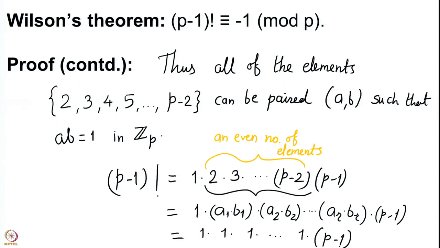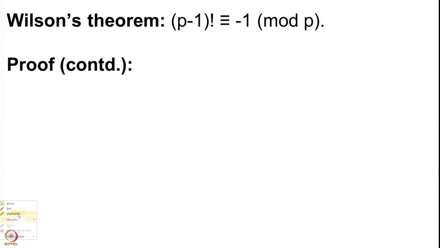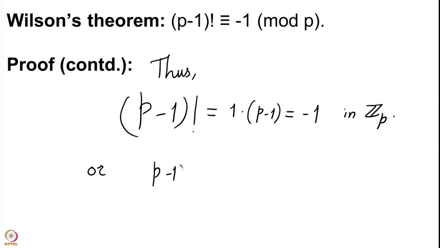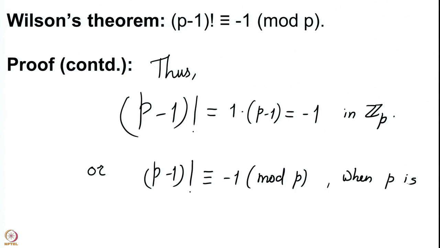Now, we are almost there. Thus, (p minus 1) factorial equals 1 into p minus 1, which is really minus 1 in the set Z_p, or what we have is (p minus 1) factorial is congruent to minus 1 mod p when p is an odd prime.